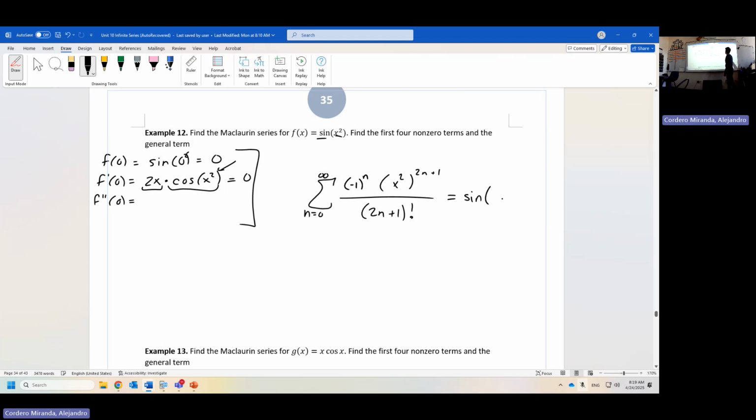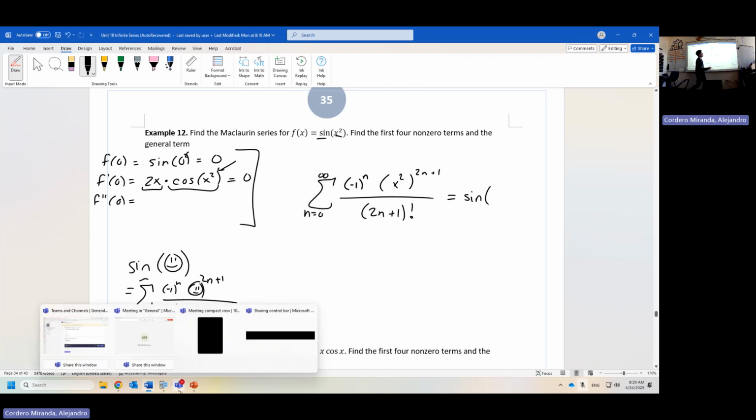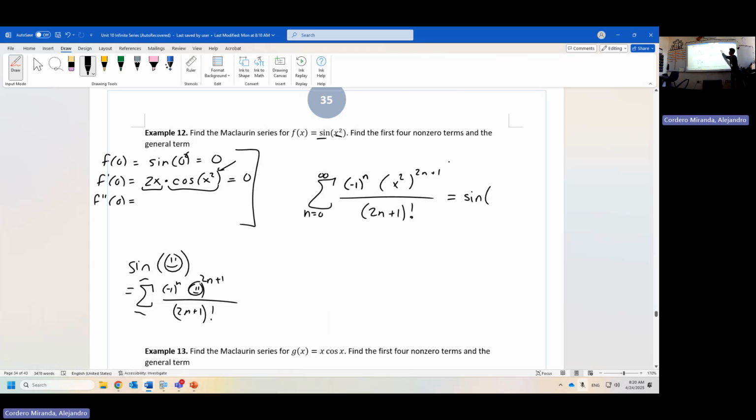It doesn't matter what you put in here, sine of smiley face would just be the sum of (-1)^n times smiley face to the 2n plus 1 over (2n plus 1) factorial. It doesn't matter what the argument is, especially because sine of x converges for any x.